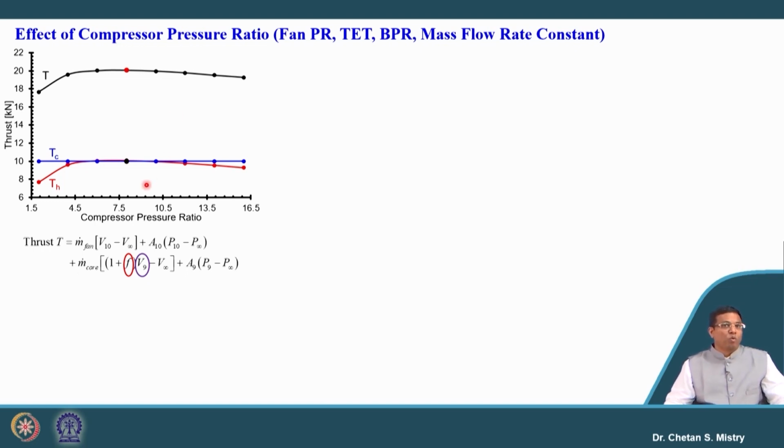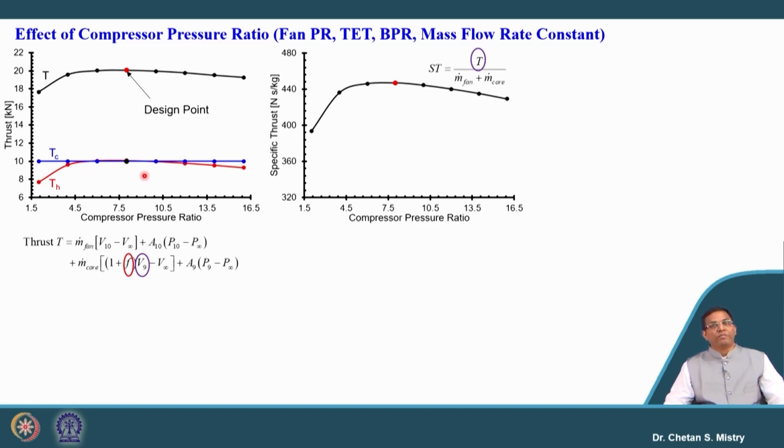My cold thrust remains constant, since it is not affecting the fan side. For hot thrust, with the increase of pressure ratio, your fuel consumption will be increasing, and accordingly my V9 also gets changed. That is the reason we have the variation of this hot thrust.